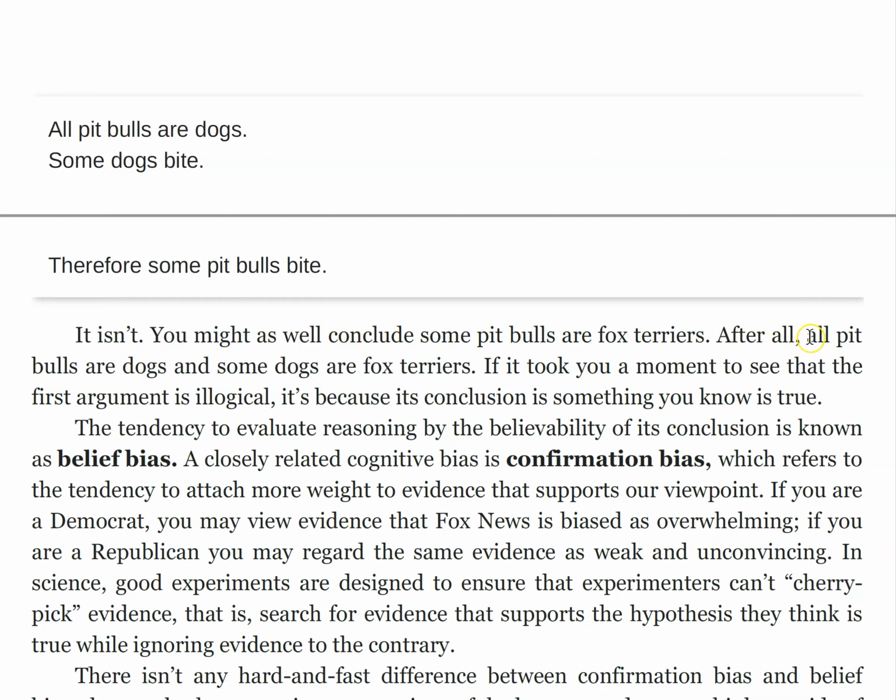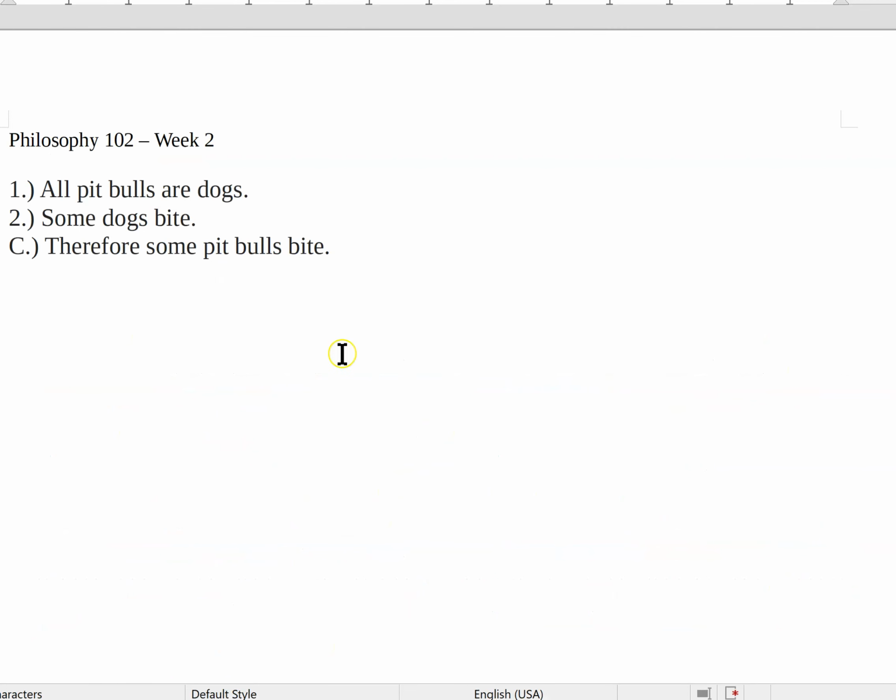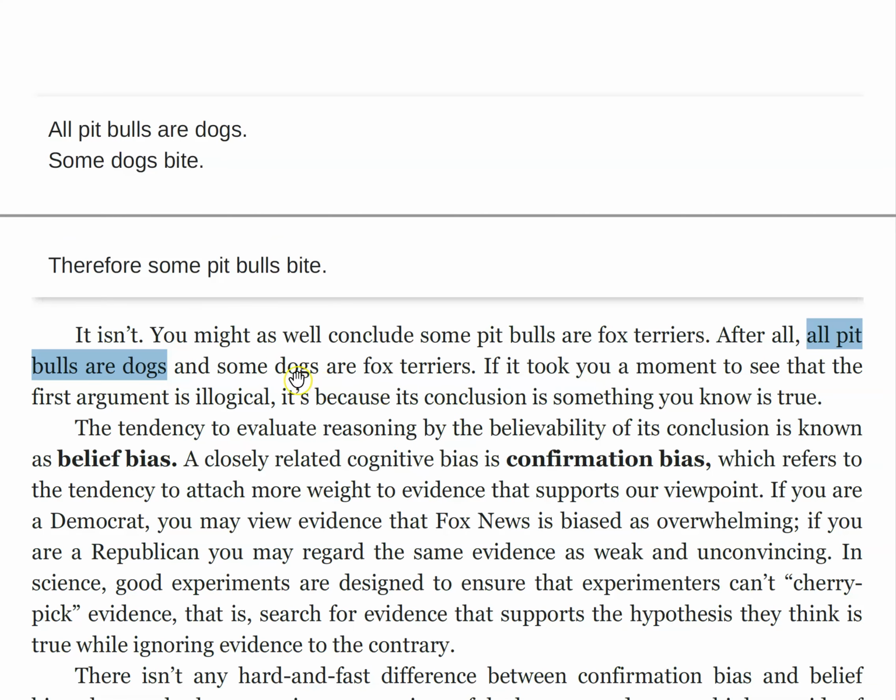So what I'm going to do is I'm going to take this premise right here, which bears a striking similarity to our first premise in the former argument we looked at, right? In fact, they're exactly identical. And then we're going to take our second premise, which is a little different.